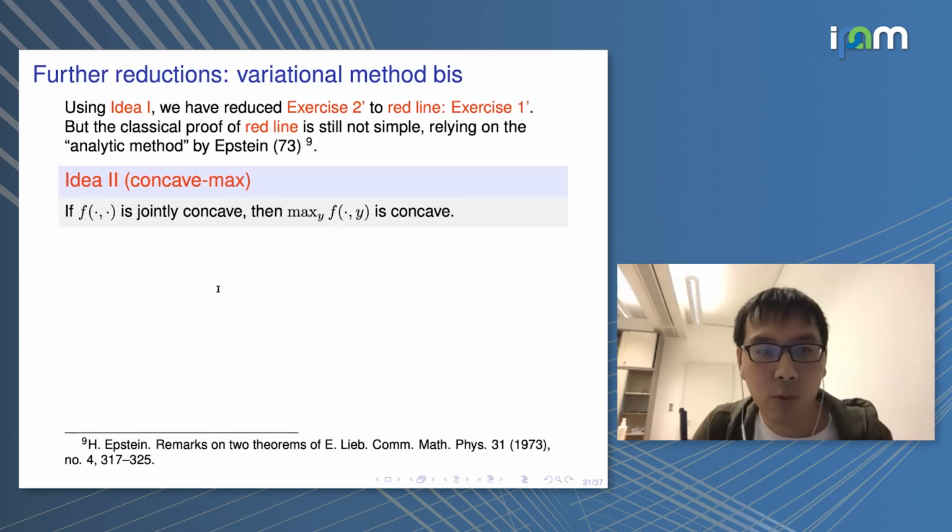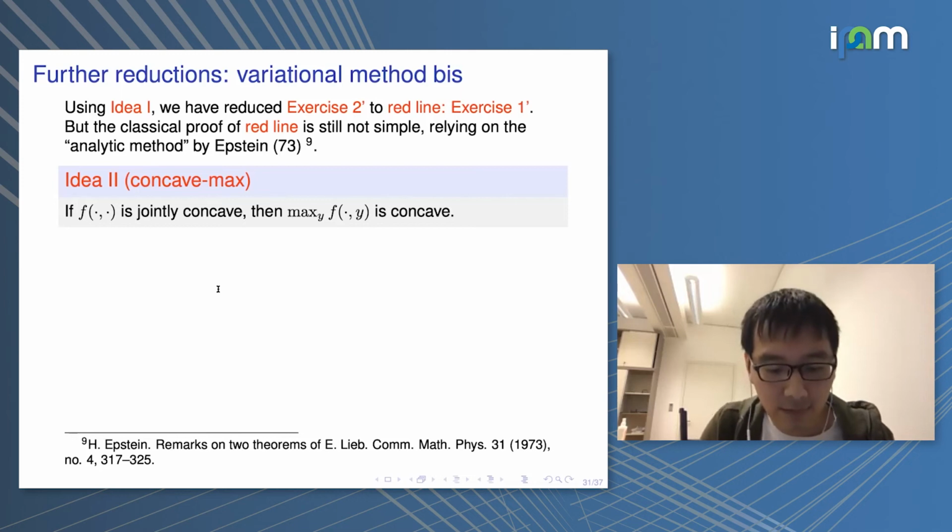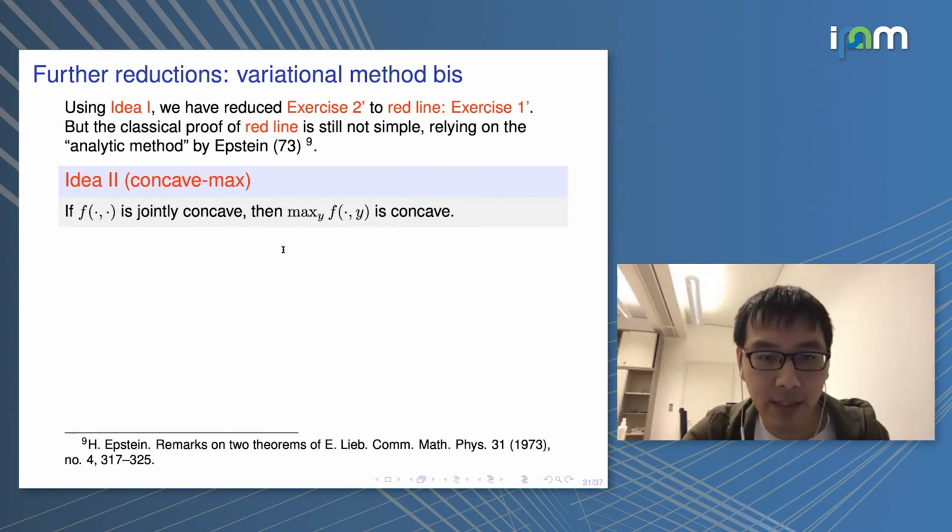In particular, you will need the so-called analytic method by Epstein. So here I want to give a simpler proof. This is based on the following second idea. So the point is, in the first idea, we use the fact that concavity is stable under taking minimum. But sometimes we have very nice maximum formula, and we want to prove the concavity.